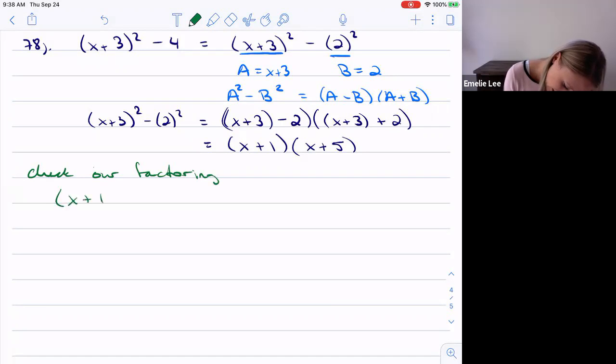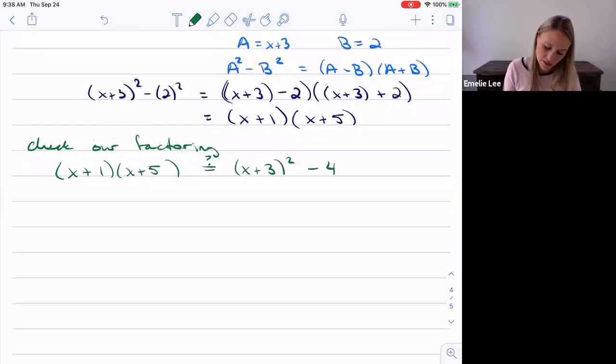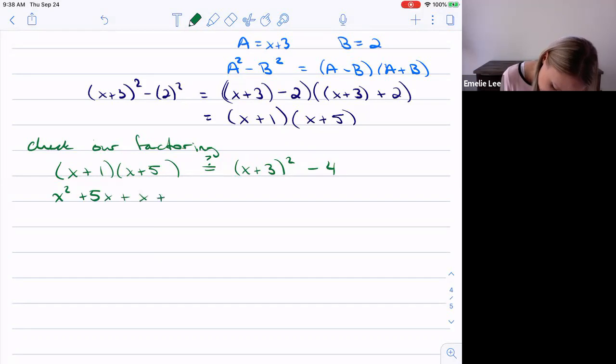We want to make sure that x plus 1 times x plus 5, does it equal, so I'll put a little equal sign with a question mark over top, x plus 3 squared minus 4? At first glance, no, not necessarily, right? But what I'm going to do is expand this out and see if I can manipulate it to look the same. If I can't, then I did something wrong. So I've got x squared plus 5x plus x plus 5. Moving a little bit quicker.